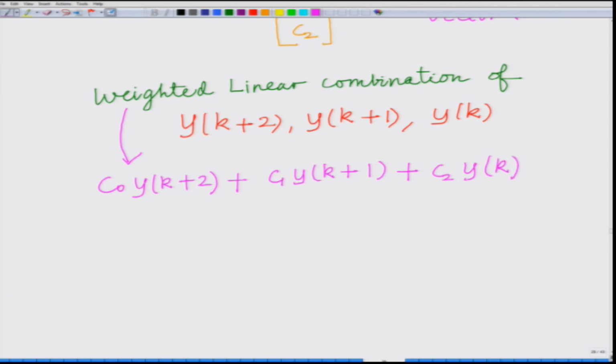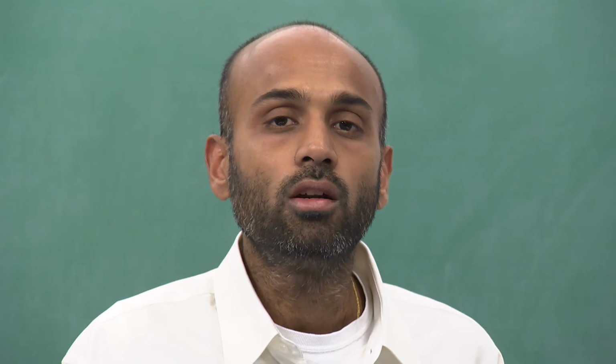This is the weighted linear combination that we are performing to remove the inter-symbol interference on xk.